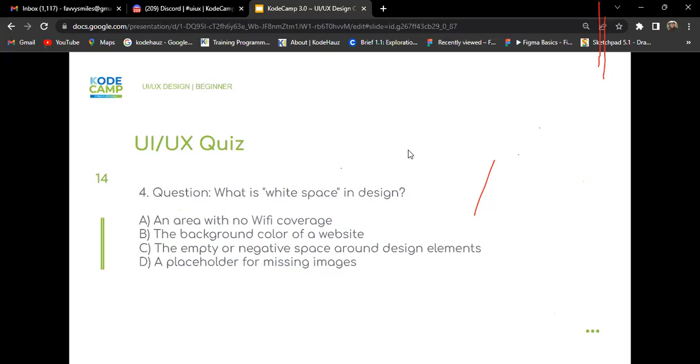B, the background color of the website. C, the empty or negative space around design elements. D, a placeholder for missing images. The correct answer is C, the empty or negative space around design elements, and Bleeded got it right.